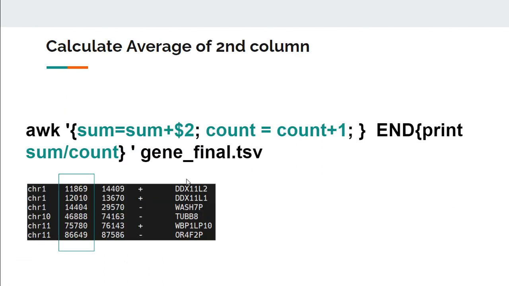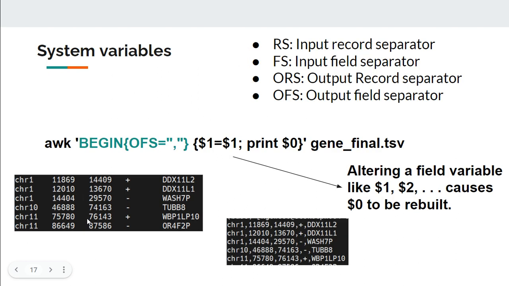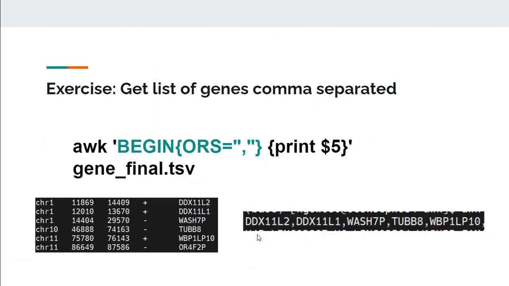Using that we did examples like how to calculate the average of the second column or any numeric column. Then we explored two important output variables, ORS and OFS, output record separator and output field separator, using which we converted TSV to CSV. We saw an example of getting genes comma separated like this.